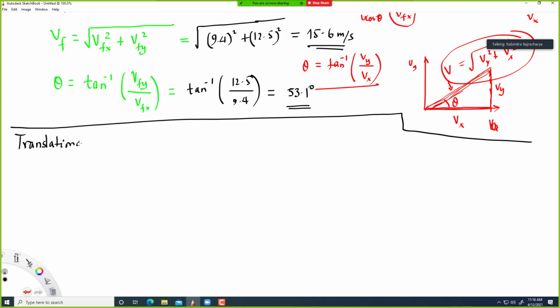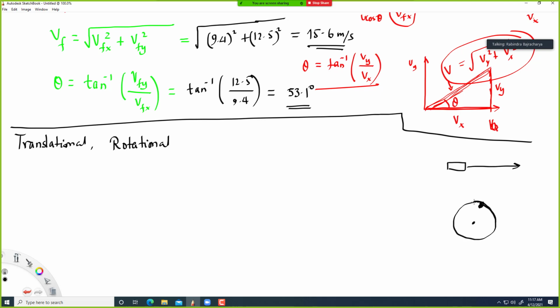Translational motion is where the objects move in straight direction like that. So you're walking on a road, that's translational motion. You're driving on a road, that's translational motion. Another type of motion is rotational motion. Rotational is you have an object, it rotates around some fixed axis. So that's the rotational motion.